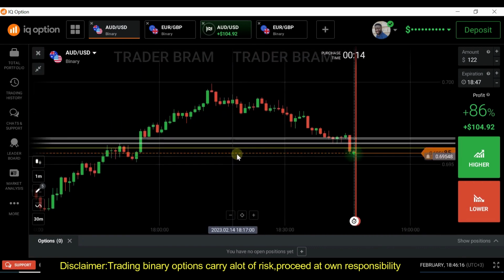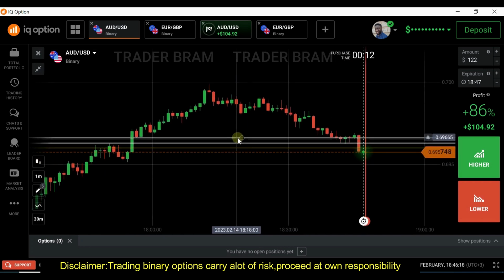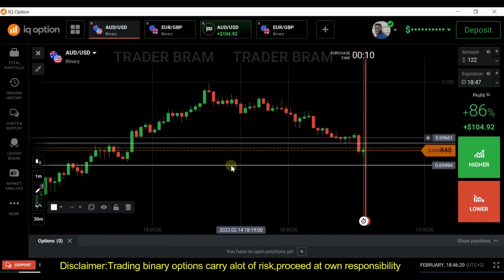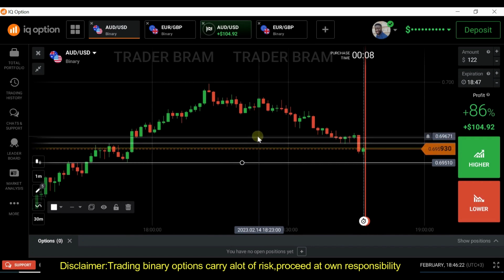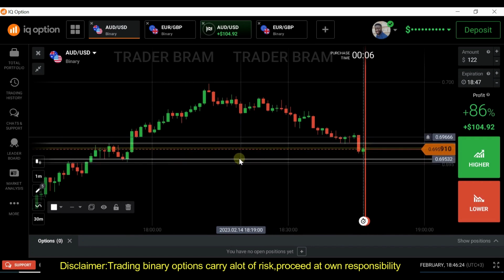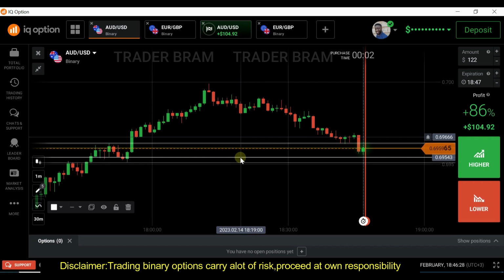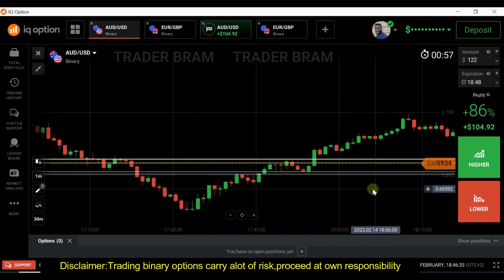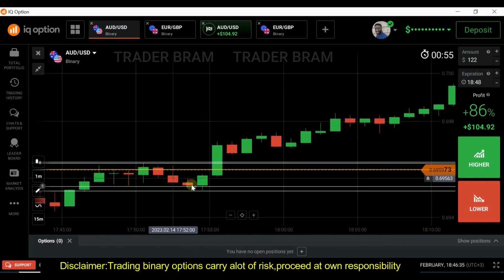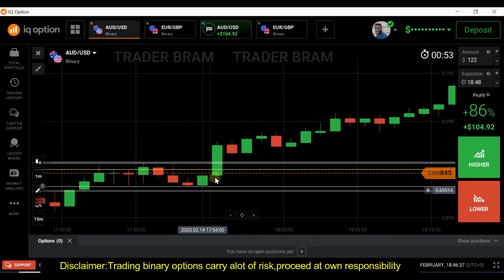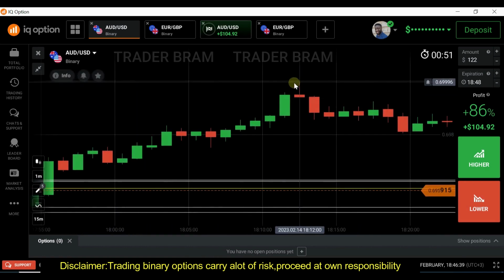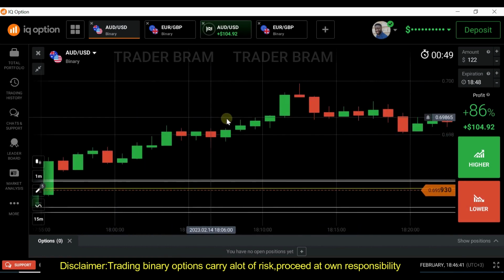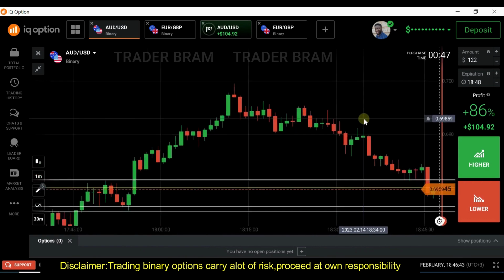So I'll shift my level of support and resistance, my previous level, now to this area. You can see this is a very good area. So after the market retraced, it gained momentum from this level until this point before you can see any significant retracement.